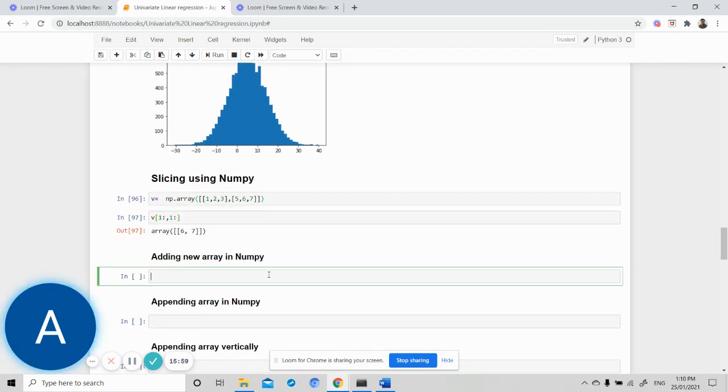Likewise, if we need to add a new array in NumPy, suppose here 1 comma 0 all.